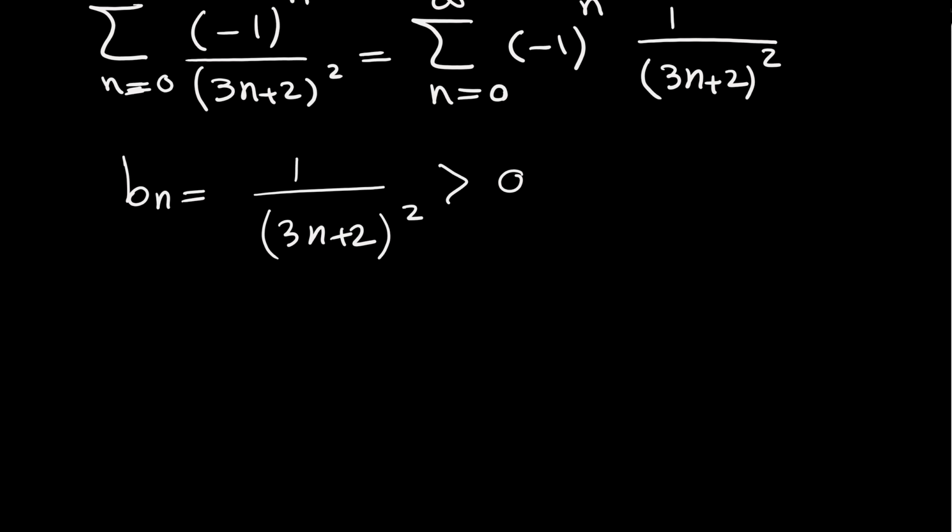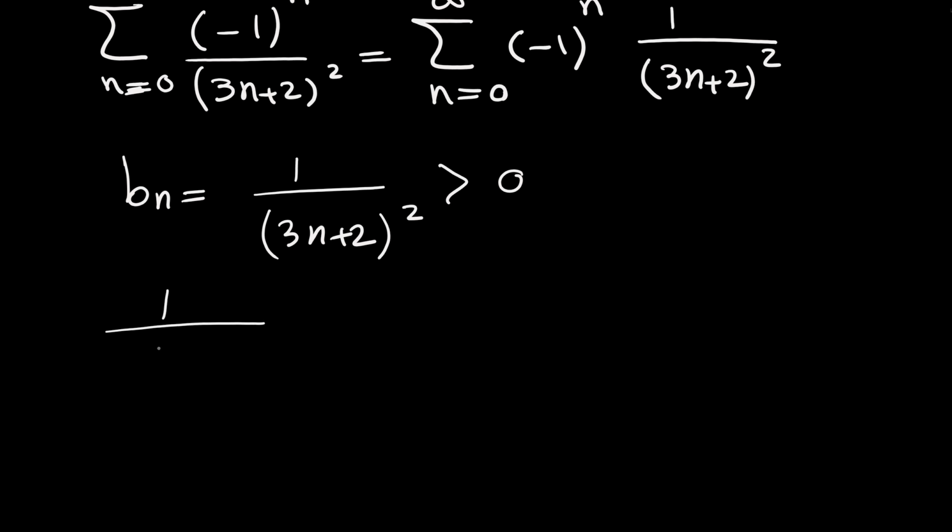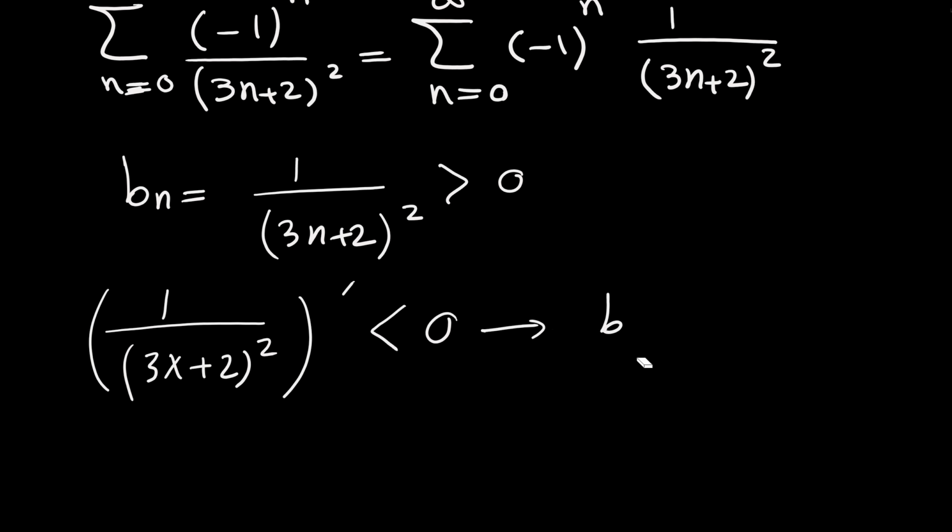It is obvious that it is decreasing because when n is increasing, 3n plus 2 is increasing, and when the denominator is increasing, the overall fraction is decreasing. But you may want to find the derivative of 1 over the square root of 3x plus 2 and show it is negative. If the derivative is negative, then I can say that it is decreasing.